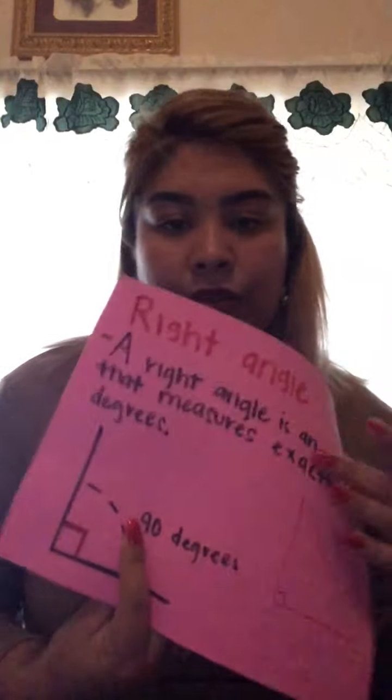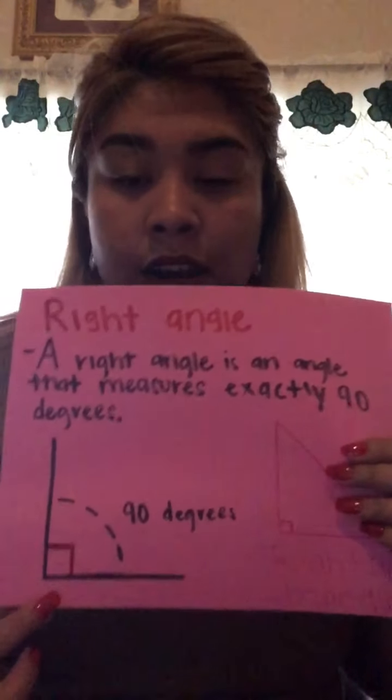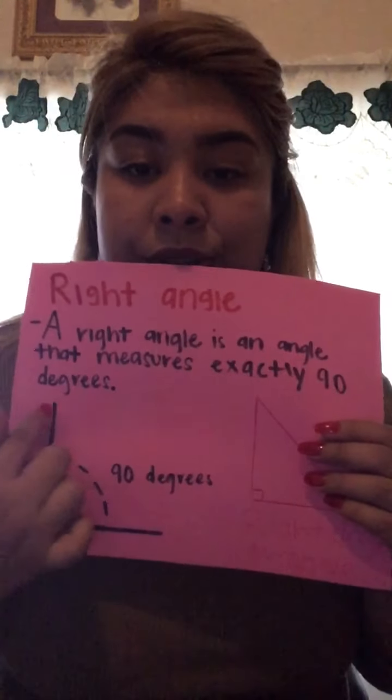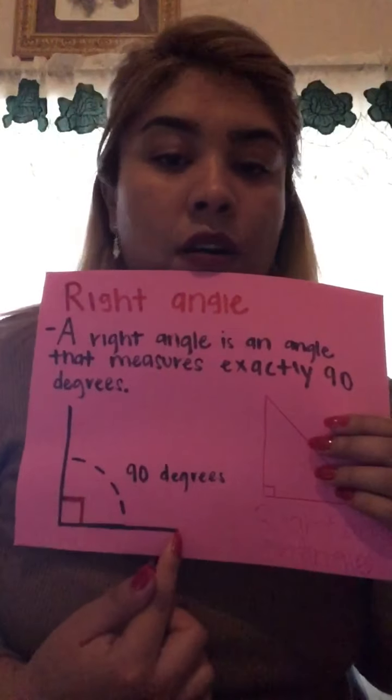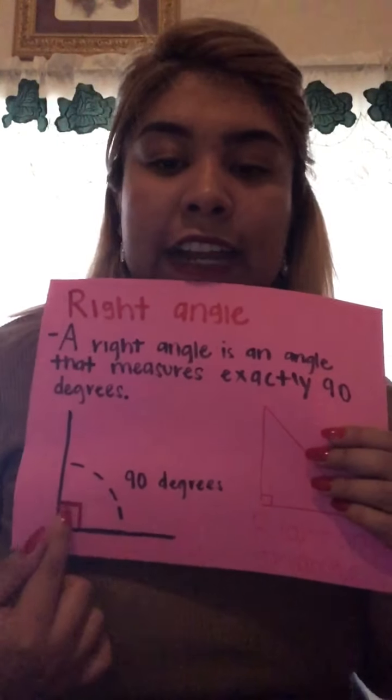If it measures 180, it will be a straight angle, just like a straight line. And the one that we mostly always see is the right angle. We see it all the time because it is usually a square. All of the squares have a right angle.